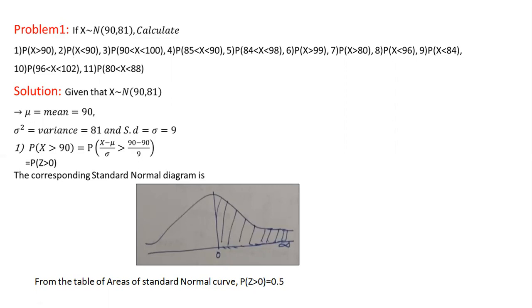Now we have to calculate probability of x between 90 and 100. Again we do the same, x minus mu by sigma. So x value is 90 and mu is also 90, with standard deviation 9. So this is 0. And on the right side we are calculating for 100.